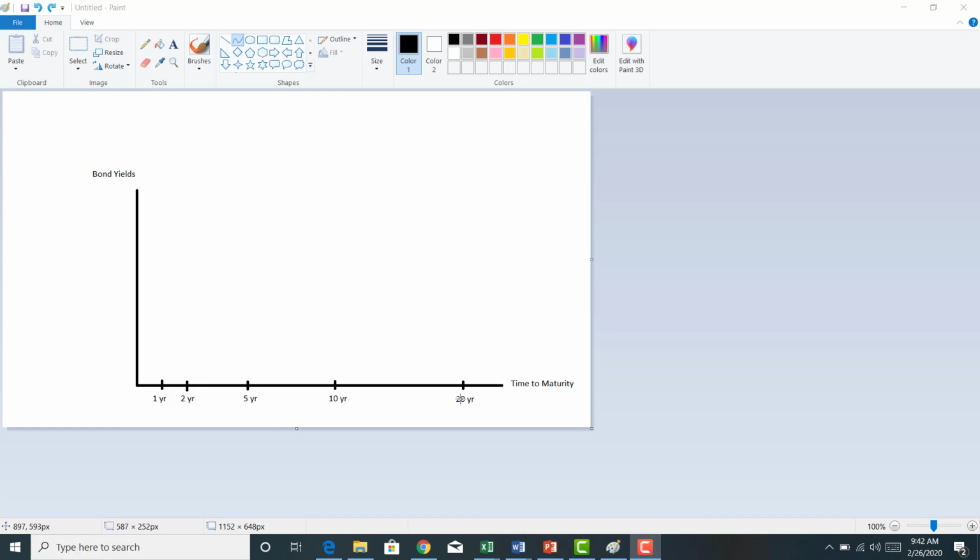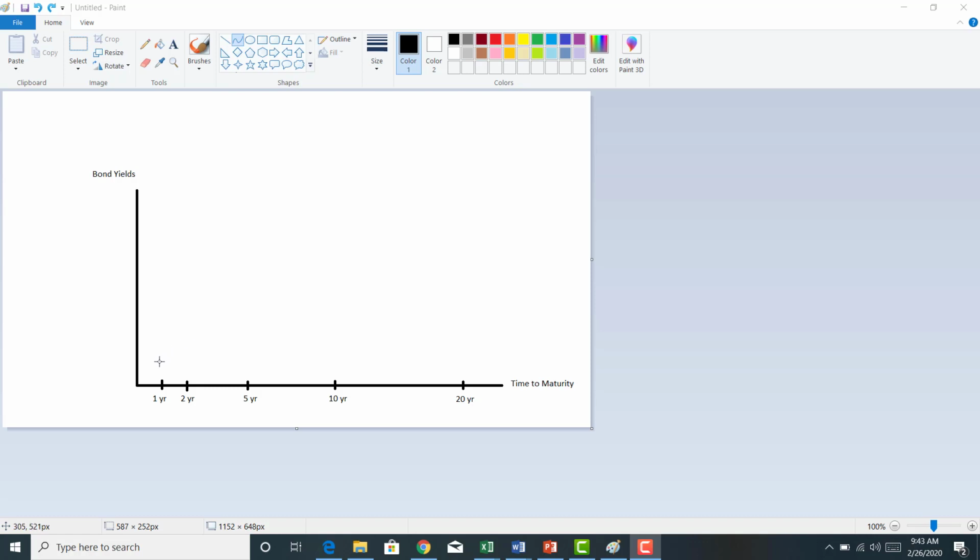Hopefully you answered that long-term bonds should be riskier than short-term bonds. The reason is that there's a longer time horizon for problems to arise. We don't know what's going to happen in 20 years, and therefore 20-year bonds face greater default risk than, say, 1-year bonds.